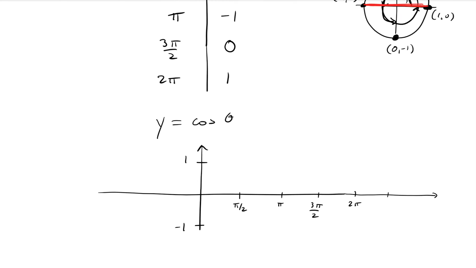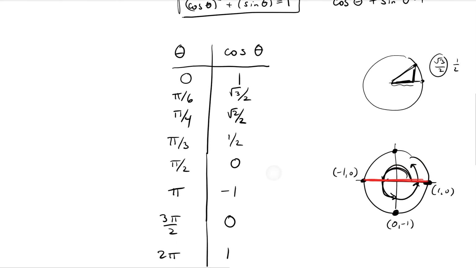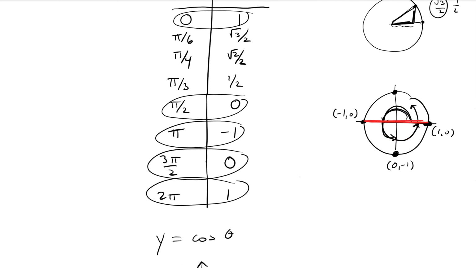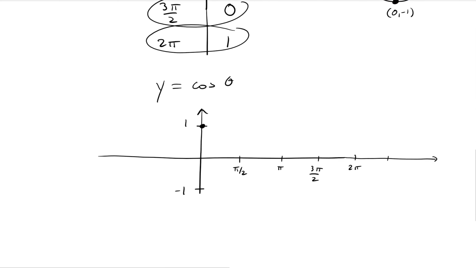So at 0, we're at 1. Here I'm just going to illustrate those points. So this one, this one, this one, this one, and this one. So at 0, we're at 1. Then at pi over 2, we're at 0. At pi, we're at minus 1. Here back at 0, and here back to where we were initially.